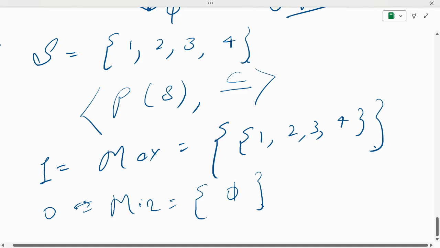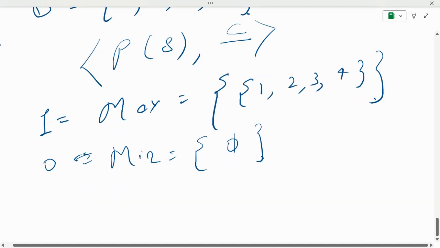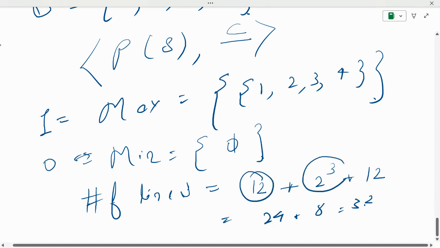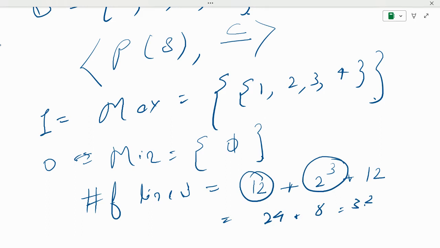Also you can calculate from here the number of lines. The number of lines will be 12, then 2 times 12, and then 8: 24 plus 8, that is 32. So how it is coming, I'm just telling you. If we have a cube, altogether we have 12 lines, right?